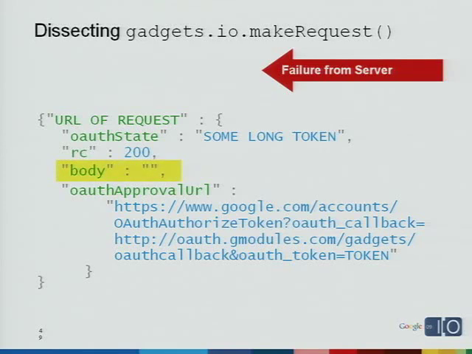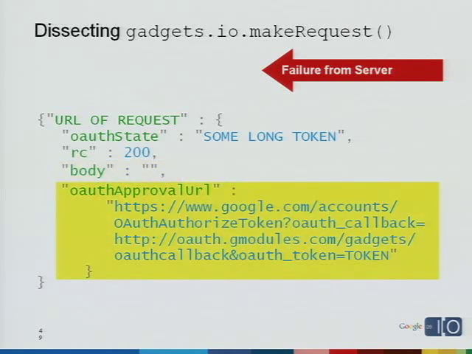And instead of a body, we have this OAuth approval URL here. And the OAuth approval URL is going to be the same URL that we saw in step 2 of the OAuth process. And it's going to be the pop-up that the gadget's going to show in order for the user to authorize with. So your gadget's going to see this OAuth approval URL, and as Eric's code showed earlier, it's going to show the pop-up accordingly.